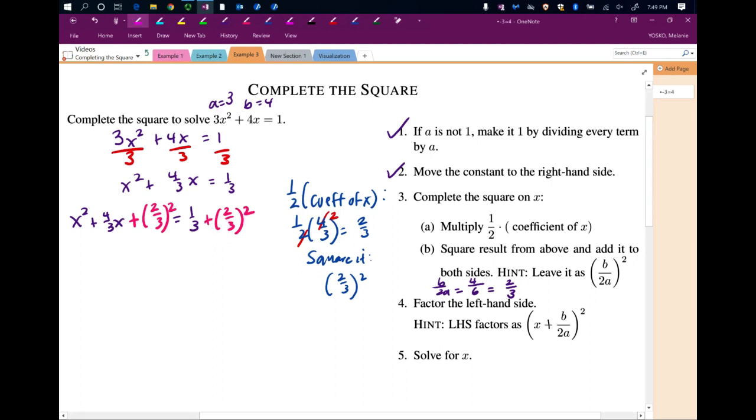So now we're going to factor the left-hand side. LHS means left-hand side. Notice it says it factors as x plus b over 2a, all of that squared. So in other words, we're going to take the two things that are being squared right here. So x is being squared and 2/3 is being squared. We're going to rewrite this as x plus 2/3 squared.